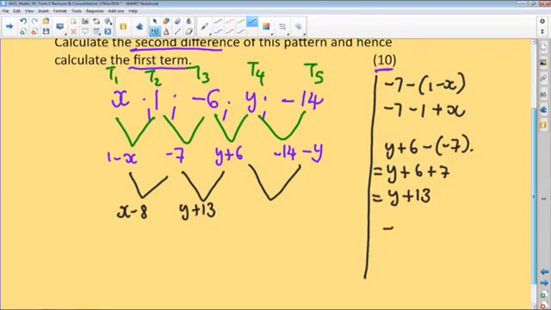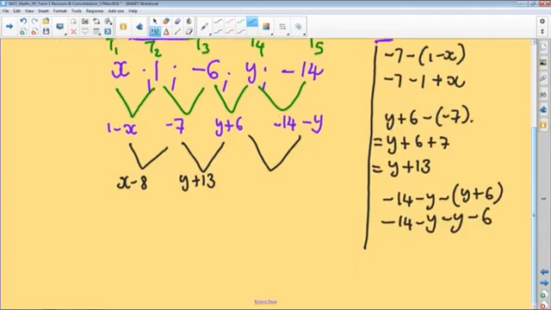You have your minus 14 minus y minus, remember guys, you are subtracting the whole term, so it's minus bracket y plus 6. So that is minus 14 minus y minus 6, which gives us minus 20 minus 2y.